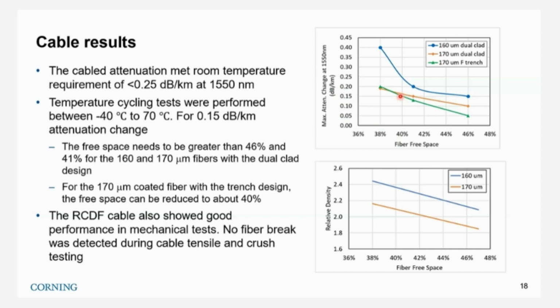On the attenuation change, this shows the minus 40 degree C attenuation change. From the graph on the top, you can see that the fiber free space has a big impact on the microbending performance.